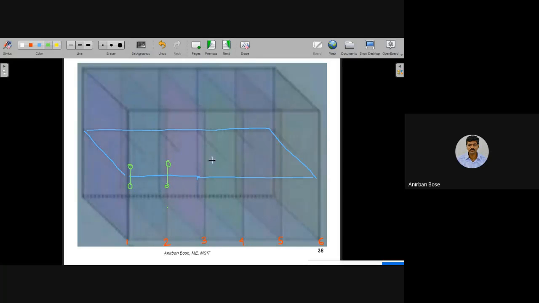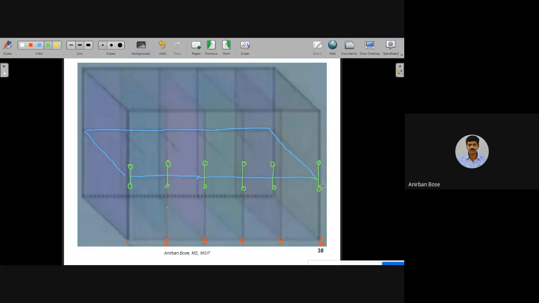In the third plane similarly atoms are like this and they are bonded. Fourth layer, atoms are there and they are bonded. The fifth layer, the atoms may be like this, they are bonded, and the sixth layer, in a similar fashion, you can think atoms are there, they are bonded like this.